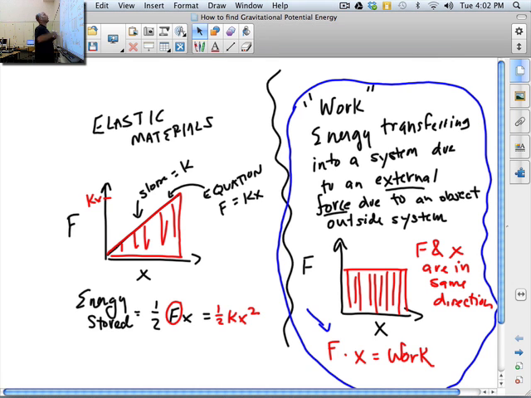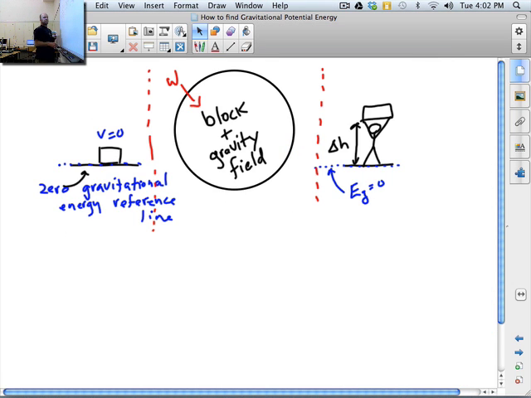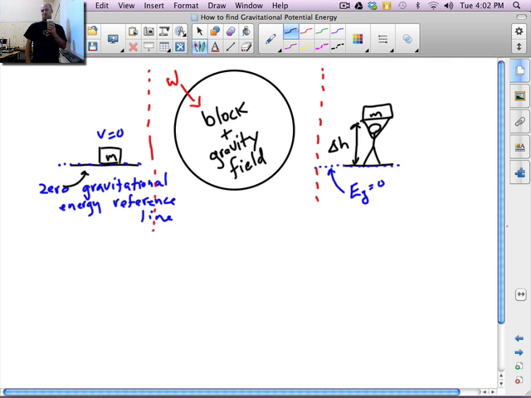So, going back to our slide, we know the distance the object moves. It moved up delta H. Its change in height was whatever delta H is. We don't know the force the person exerts. So let me help you with that part. For an object of mass m, how much force is required to lift it?